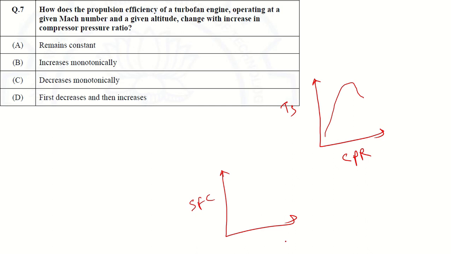Specific fuel consumption, SFC, versus compressor pressure ratio, CPR, first decreases and then increases. So first decrease and then increase is the right option. Propulsion efficiency follows the same graph as SFC.